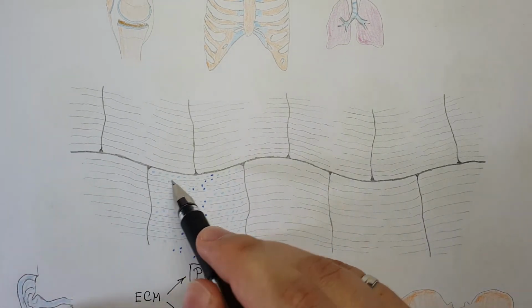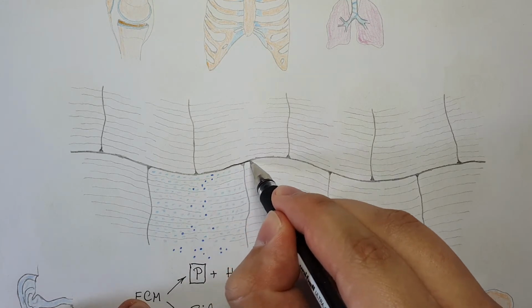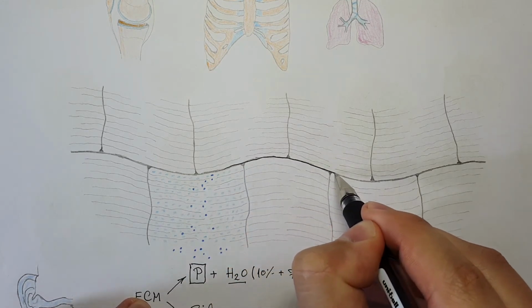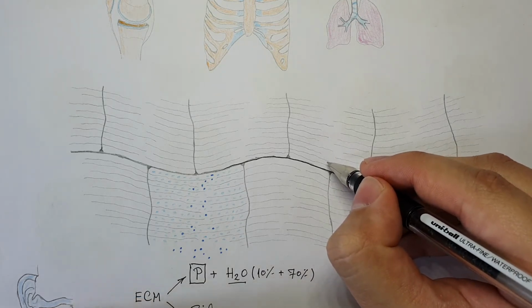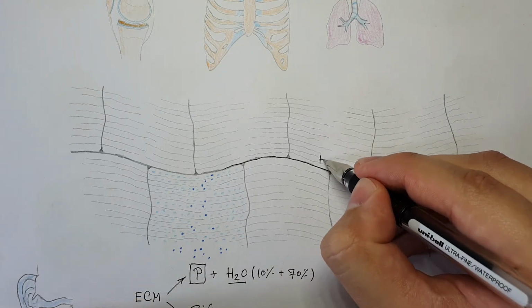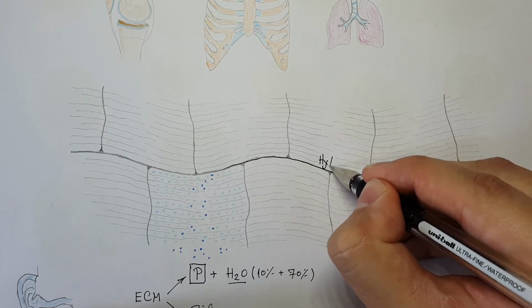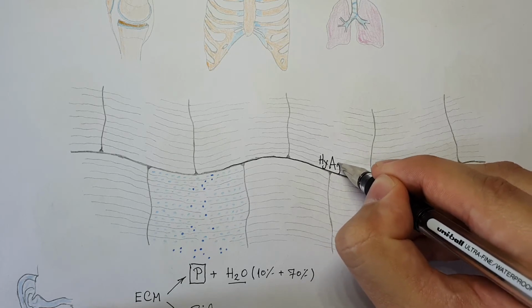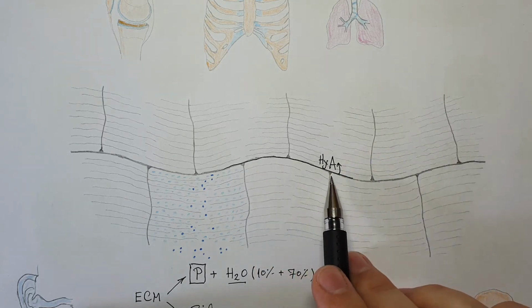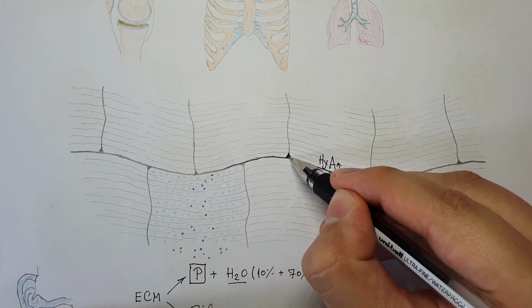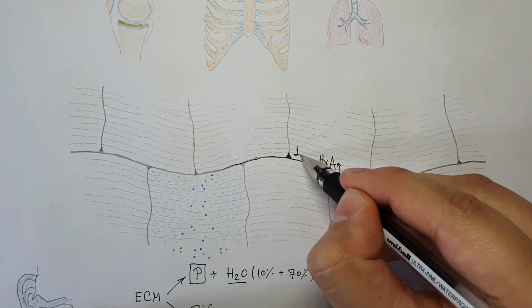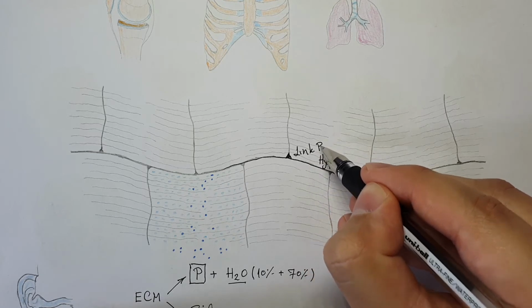This central line represents hyaluronic acid. This hyaluronic acid connects with these triangular proteins, which are called link proteins.